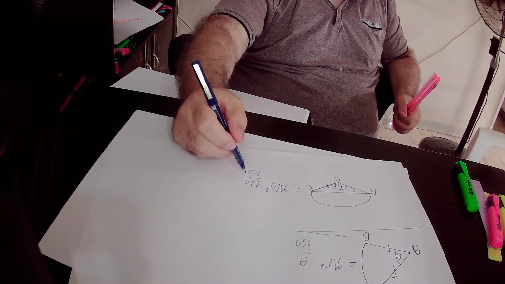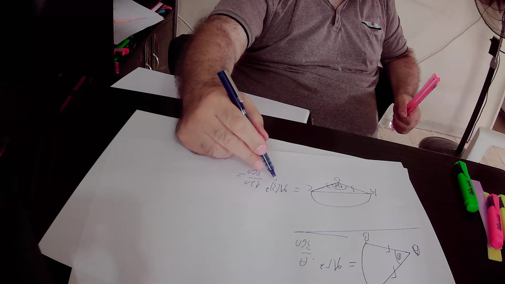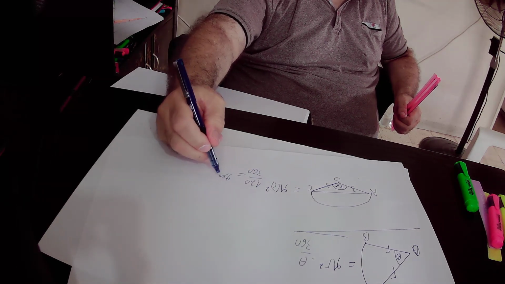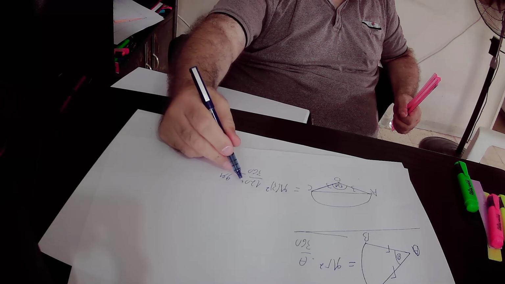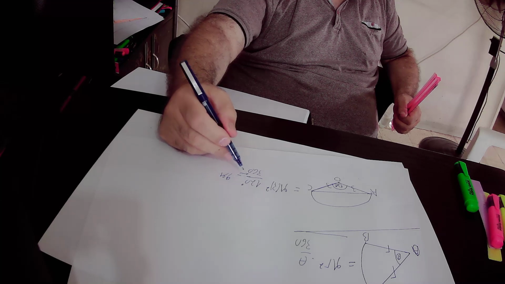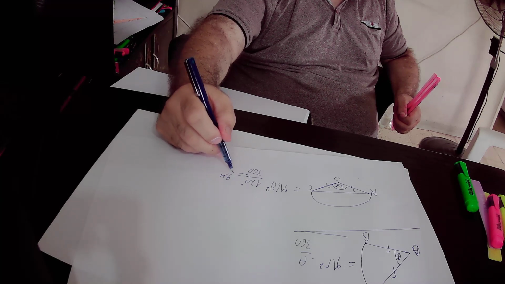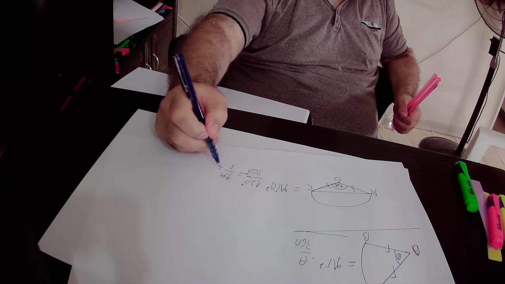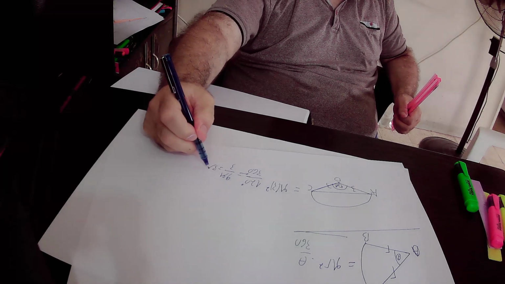So here 3 squared is 9, so this expression in total equals 9 pi, and 120 degrees over 360 degrees is 1/3, so it is all divided by 3. 9 over 3 is 3, so in total this expression equals 3 pi.